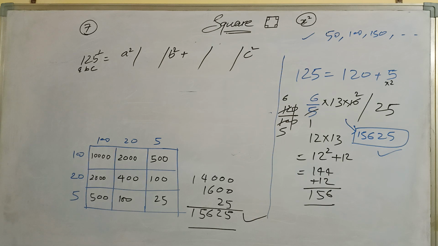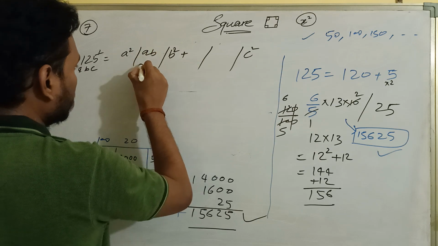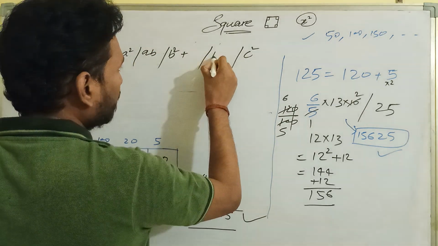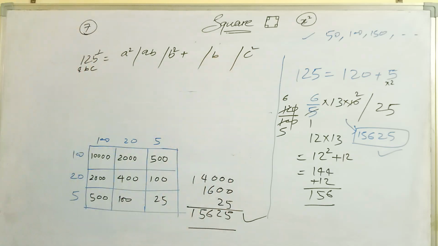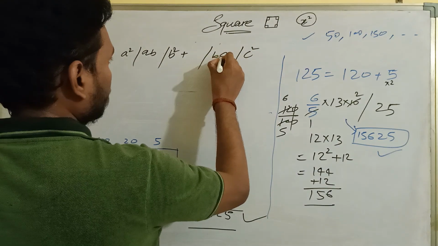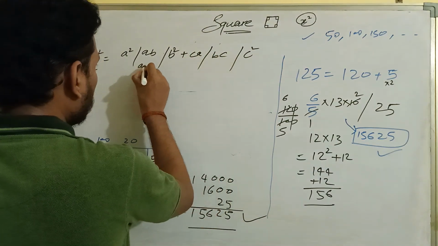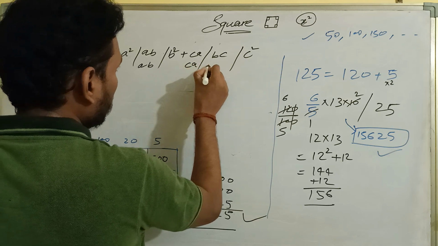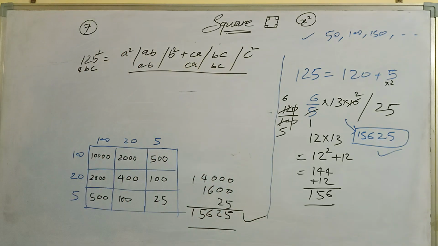Clear? And fill up the gap numbers. Here will be AB. Here will be BC. Here will be BC. Here will be CA. Again AB, CA and BC. Then add it. This is the trick.